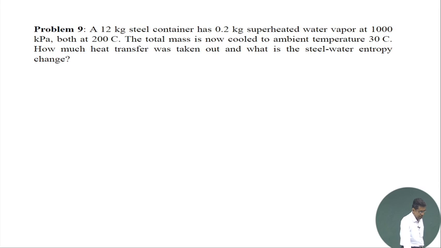The total mass, that is both the steel and the steam, is now cooled to ambient temperature of 30 degrees Celsius. How much heat transfer took place, that was taken out of the system, and what is the total entropy change? Both these things make a system entropy change.